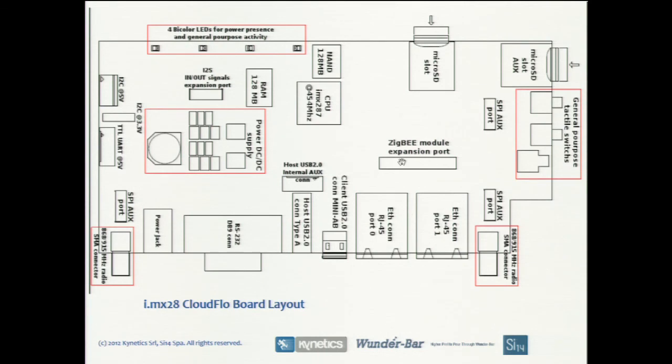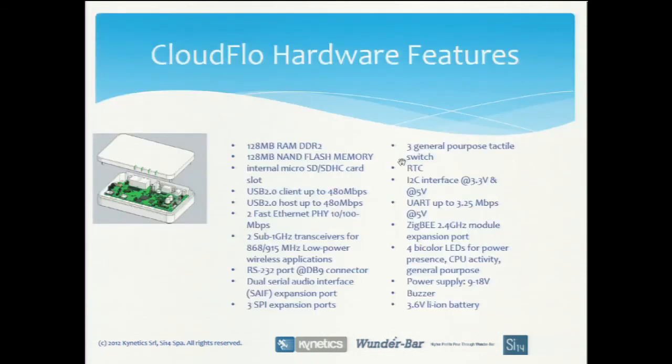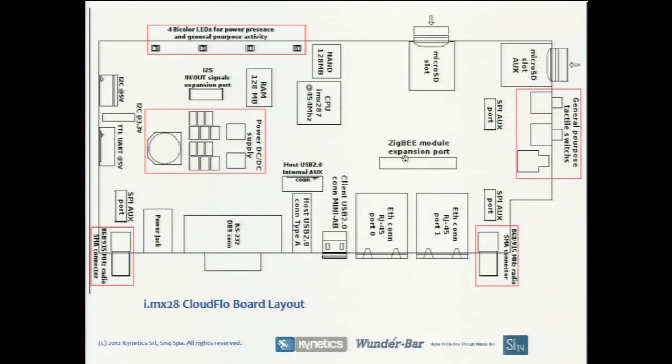So for example, we have a ZigBee expansion module that we don't use on CloudFlow, but it's ready. We have an SPI aux port and an I2C aux port. Then we have the 868 and 900 megahertz for Europe, and 915 megahertz radio communication for the United States.